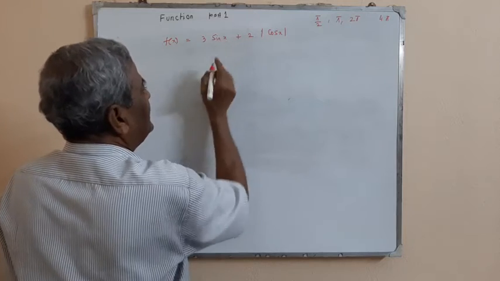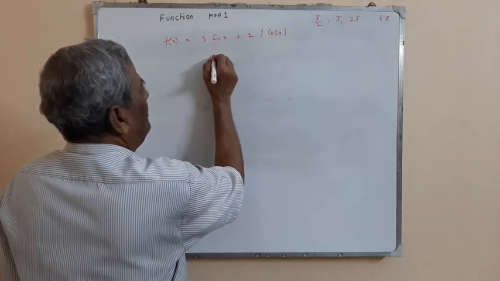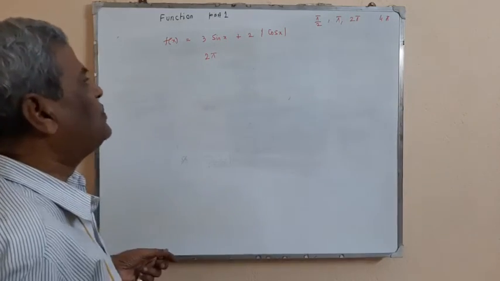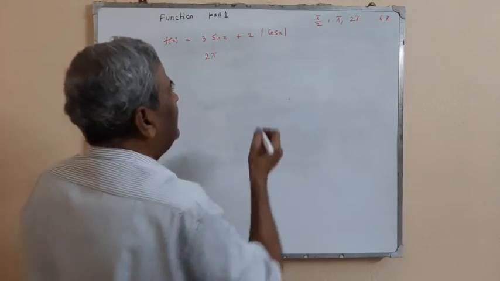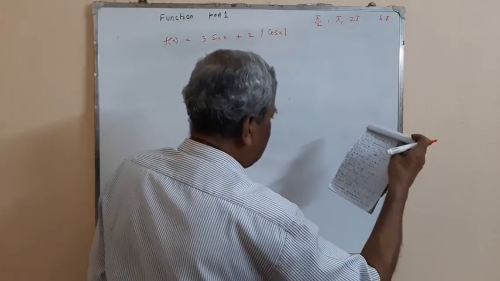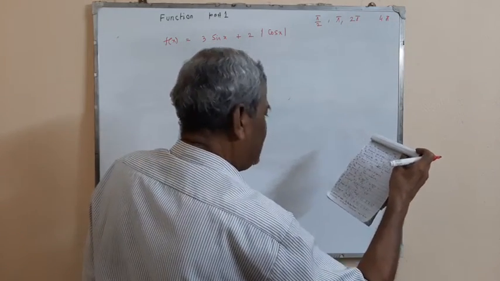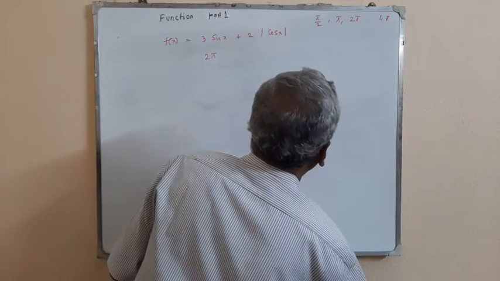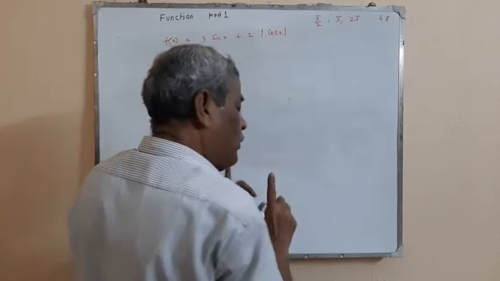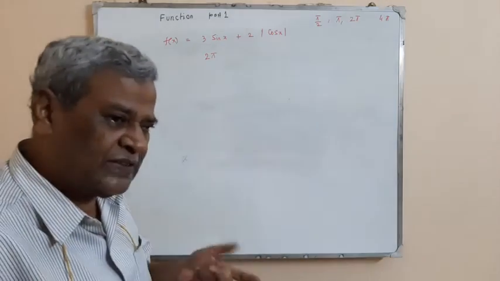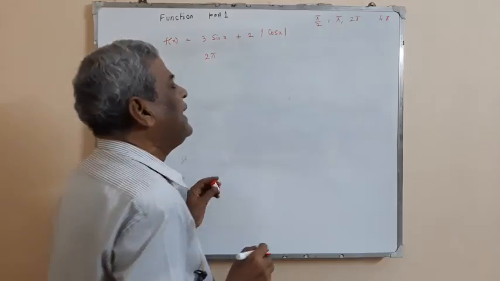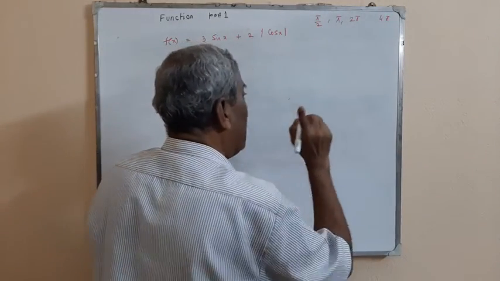The period of that part, sin x, simply sin x, is 2 pi. And the period of cos x is 2 pi, but the period of mod cos x is pi.